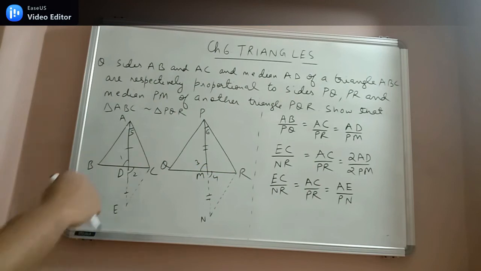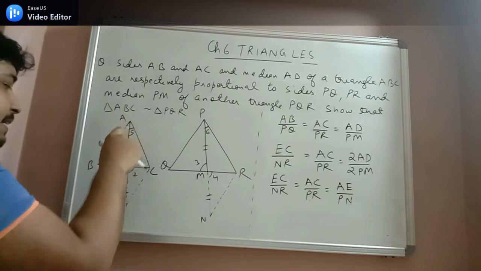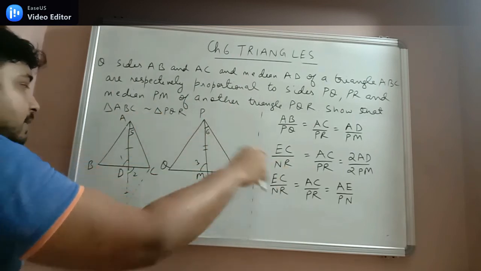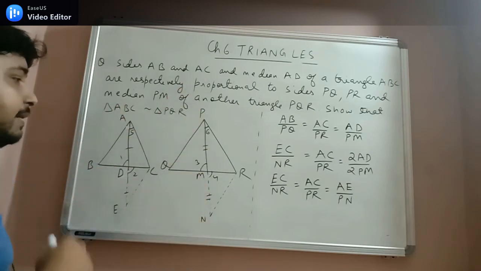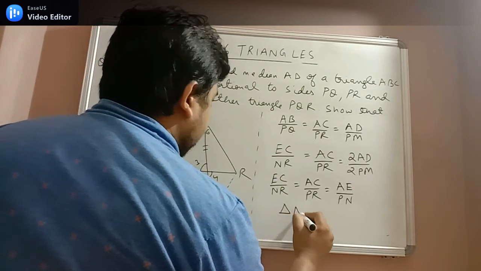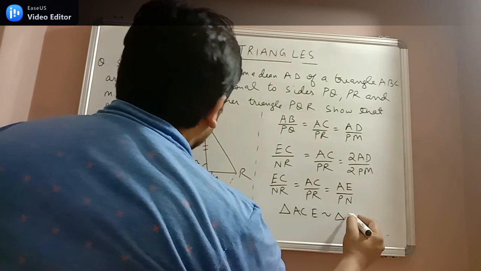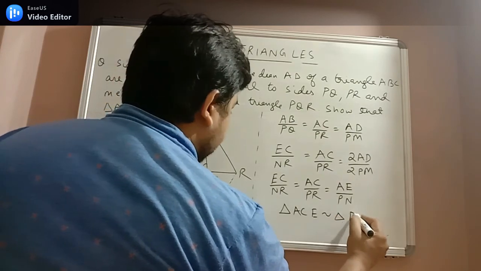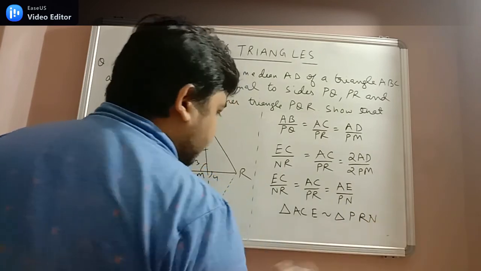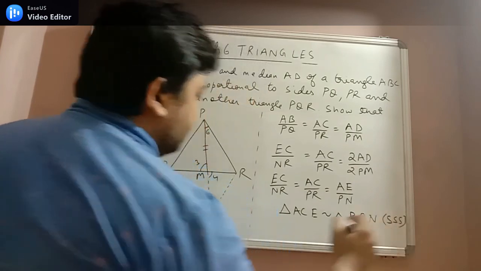Now in these two triangles, triangle ACE and PRN, we have EC upon NR equal to AC upon PR equal to AE upon PN. So one can say that triangle ACE is similar to triangle PRN by SSS criteria of similarity.